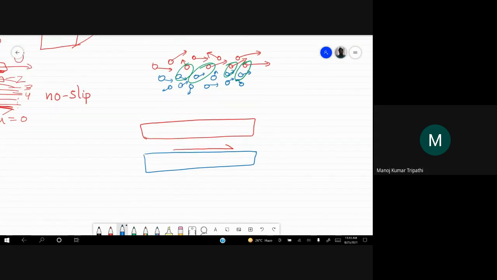Top layer molecules are trying to pull the bottom layer molecules. Bottom layer molecules are trying to pull back the top layer molecules. So eventually what you will see is that the top layer molecules velocity will reduce and the bottom layer molecules velocity will increase slightly. So there is an exchange of momentum between the two layers. So here you can show this as a force in the backward direction for the top layer. Is this clear?